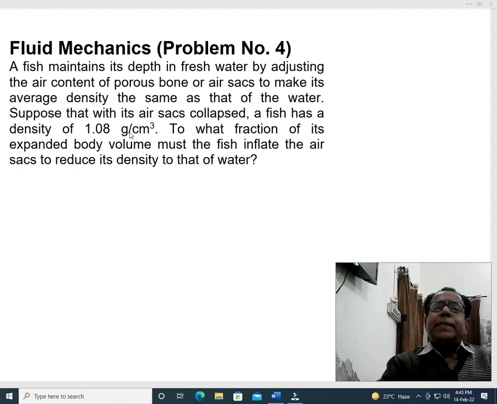Density of fish is given, which is 1.08 gram per centimeter cube, and on the other hand density of water is also a constant and can be found from the table of densities.